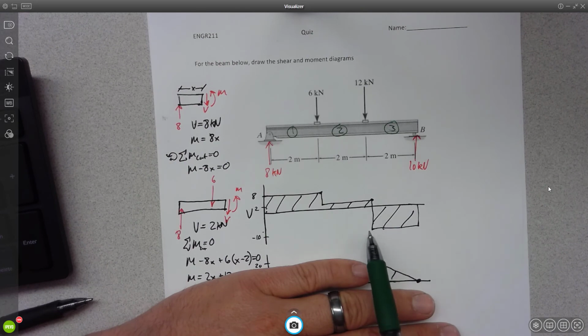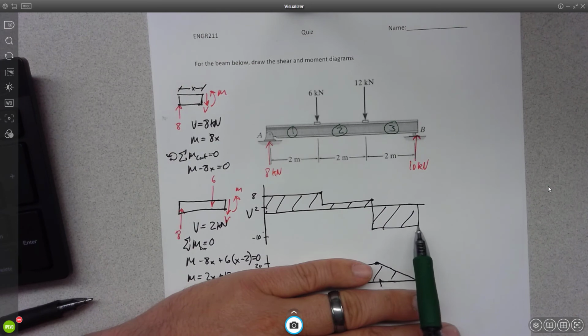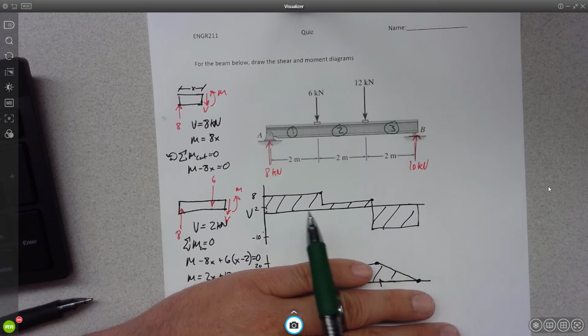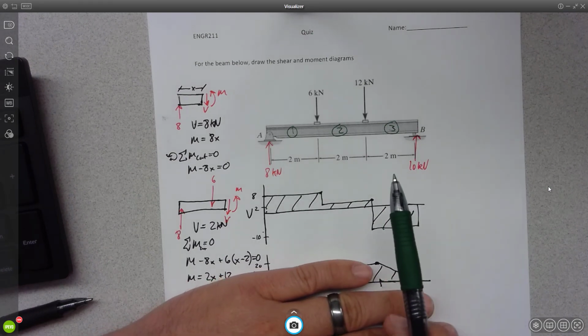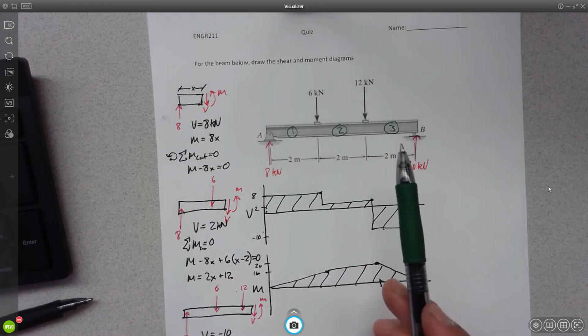I jump down 12. Nothing happens from the 12 until I get over to B, where there's a 10 kilonewton force going up, and I jump back to the abscissa. Right? So without doing any equations, we actually could come up with this graphically. And that's kind of what we're going to talk about today, is the graphical method for doing this.